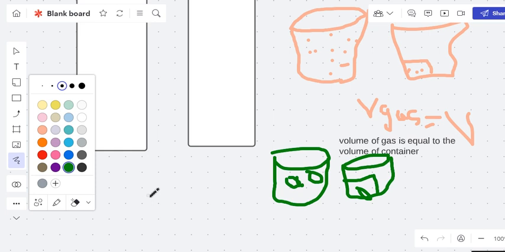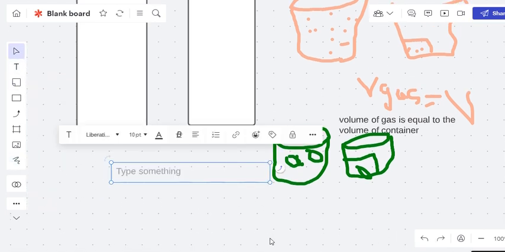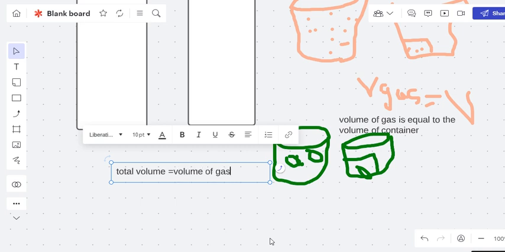We can see that the total volume is equal to the volume of the gas minus the volume of the container, right?